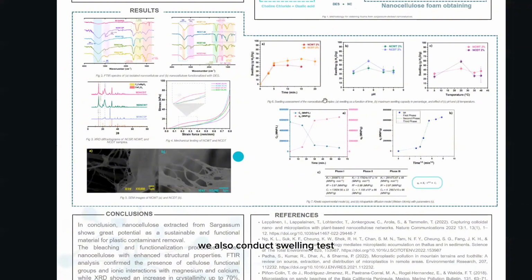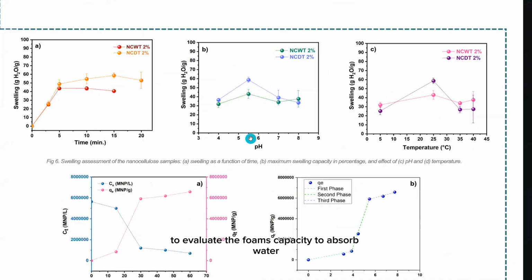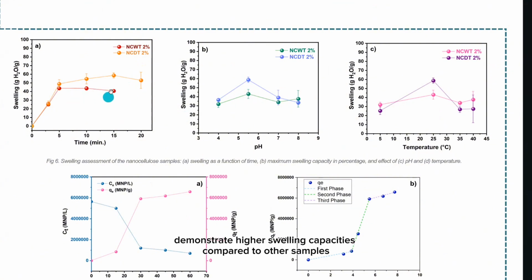We also conducted swelling tests to evaluate the foam's capacity to absorb water, which relates directly to their ability to capture microplastics. The foams with 2% nanocellulose dispersions, both functionalized and non-functionalized, demonstrate higher swelling capacities compared to other samples, which collapsed quickly.